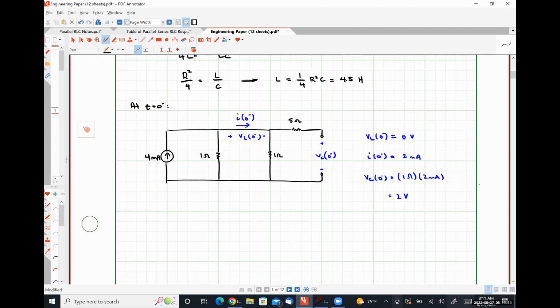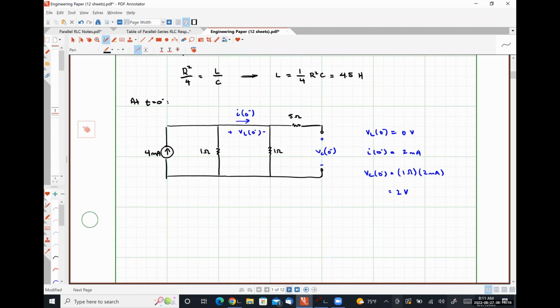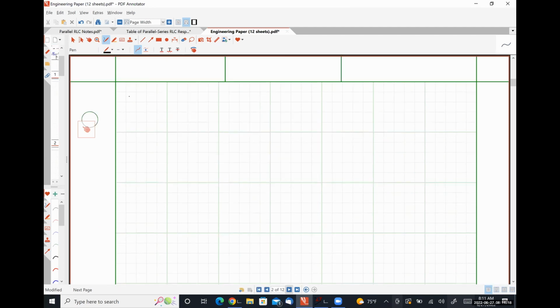Now we'll move along to what's going on at t is equal to 0 plus. At t is equal to 0 plus, our switch is now open. We are going to represent our inductor with a current source having the same direction and current as I at 0 minus.